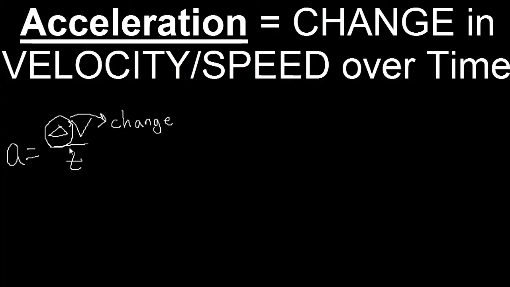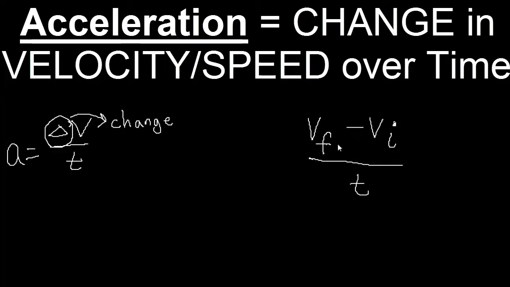Now, in our class, what we're going to do is figure out a way that we can show that in an easier way. How could we demonstrate that there's a change in velocity over time? Well, think about it like this. If we know the final velocity, or the velocity at the end, which we'll call VF, and then we subtract the velocity at which the object began, which we'll call VI, and divide that over time, that is going to show us the change in velocity.